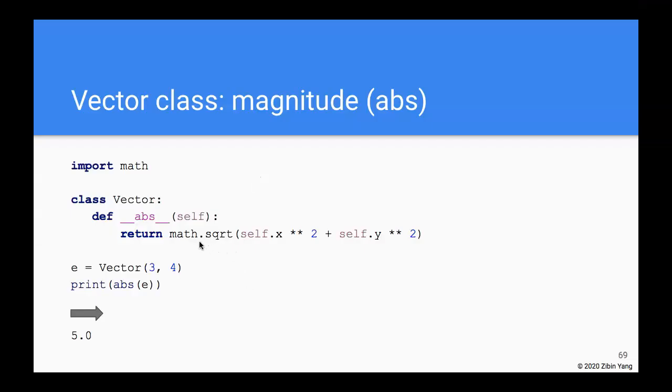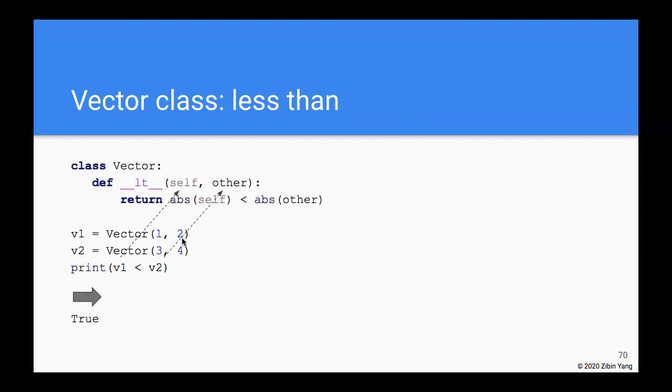Now, once we've defined the magnitude or the absolute value of a vector, then we can use it to define the less than operator for the vector. For the less than operator, the corresponding dunder method is dunder LT, which stands for less than.